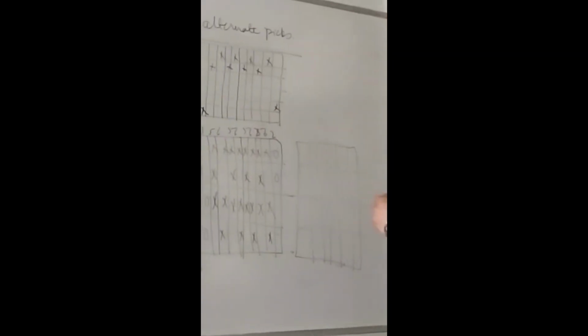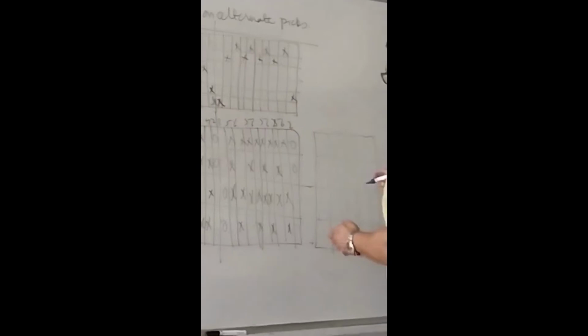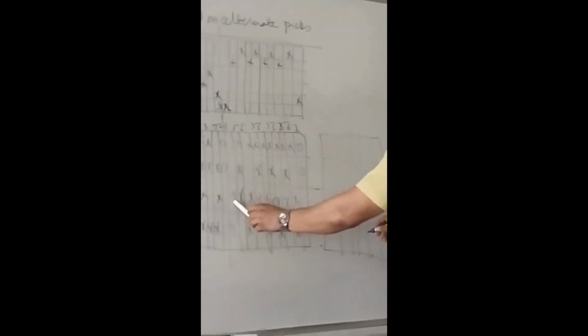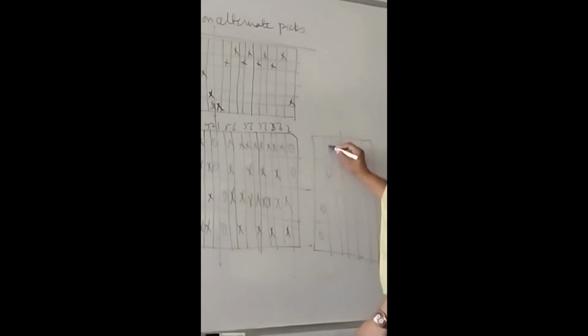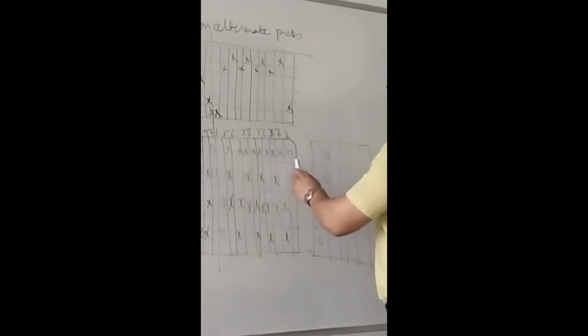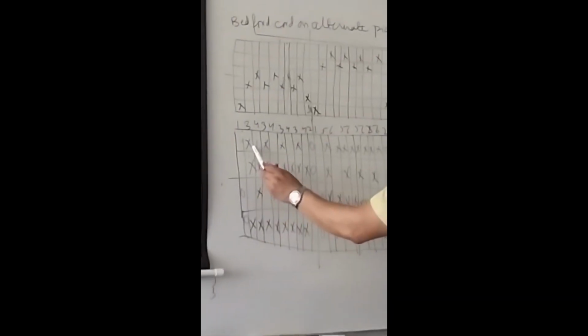This is now first and second end. First, 2 up. This is first, 2 up. This is second, 2 down, 2 up. Second, or you can say second. Then third is first, third and fourth up.